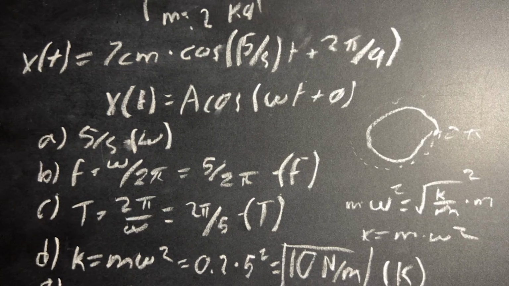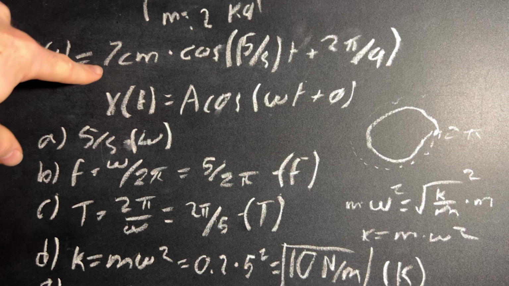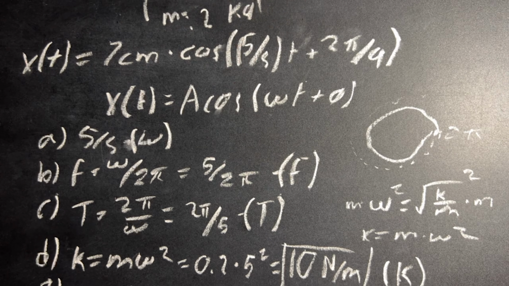Now, let's say we want to find velocity at a specific point. Well, going back to this original equation, this equation is position. So, if you take the derivative of this position equation, you will get velocity.